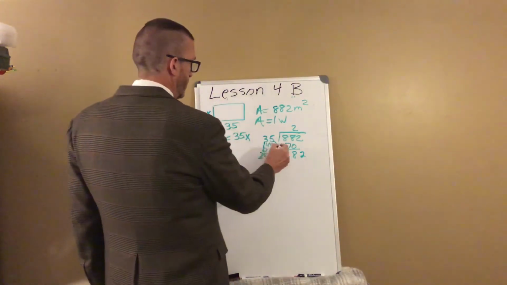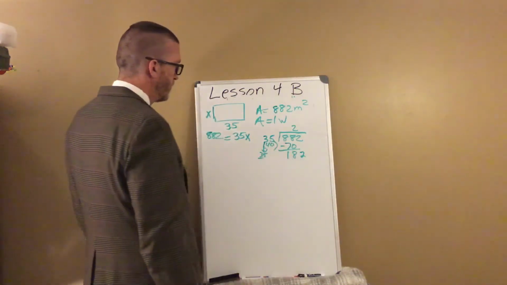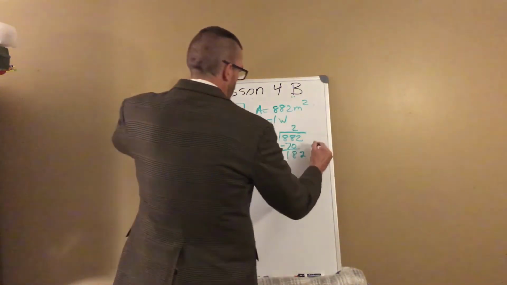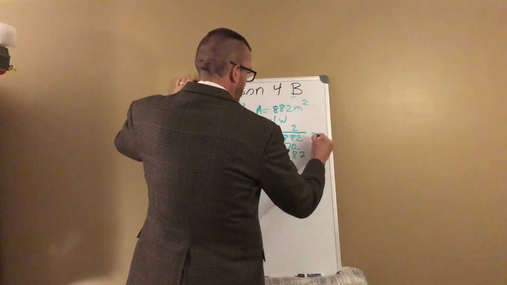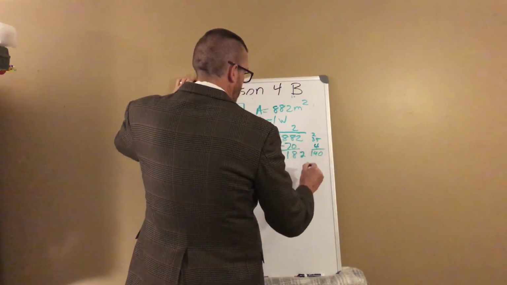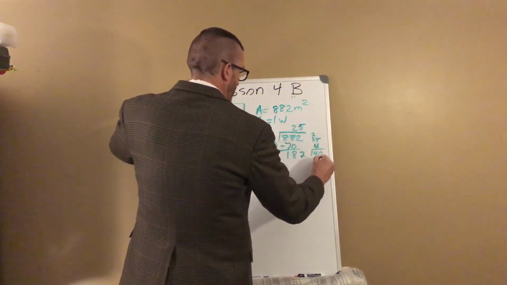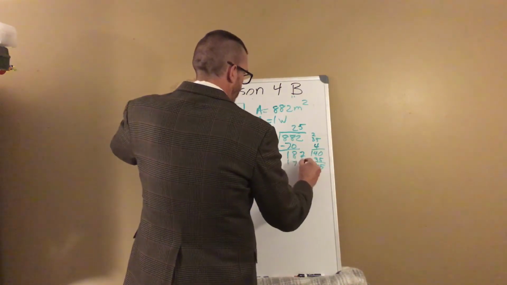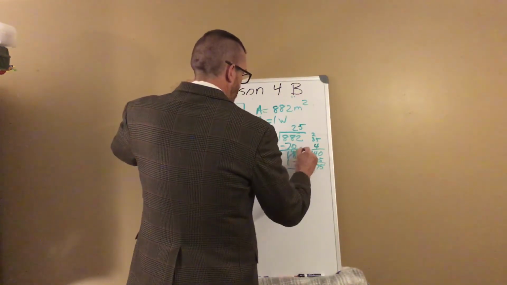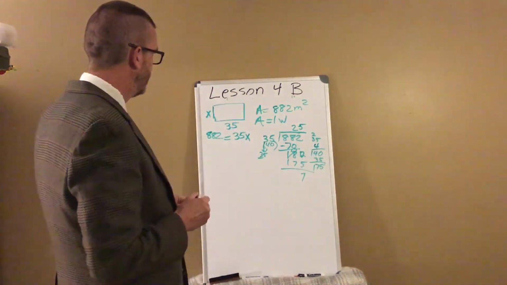Okay, 4 goes into 18 4 times. Let's try it. 4 times 35 is 140. I think I can get closer, can't I? Let's go 5 times. Add another 35. That's 175. Regroup, and we get 7.